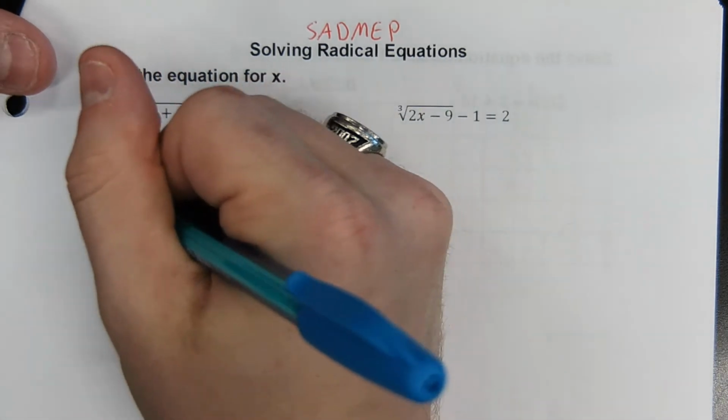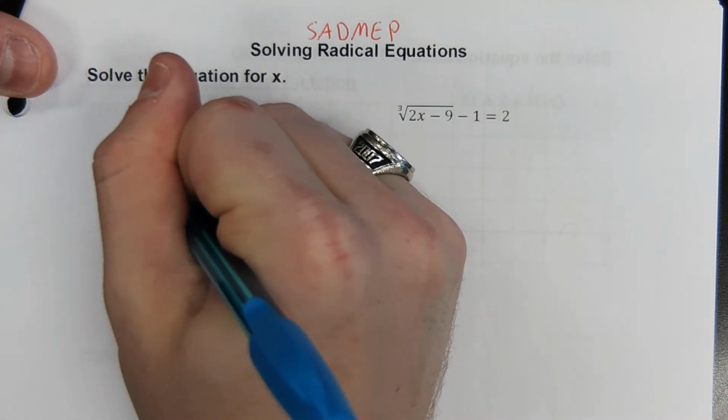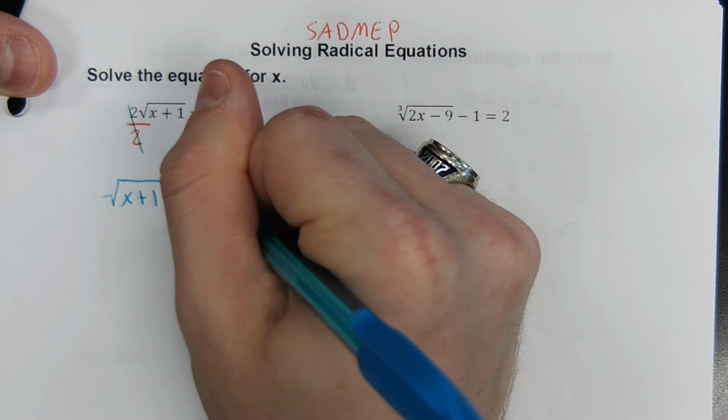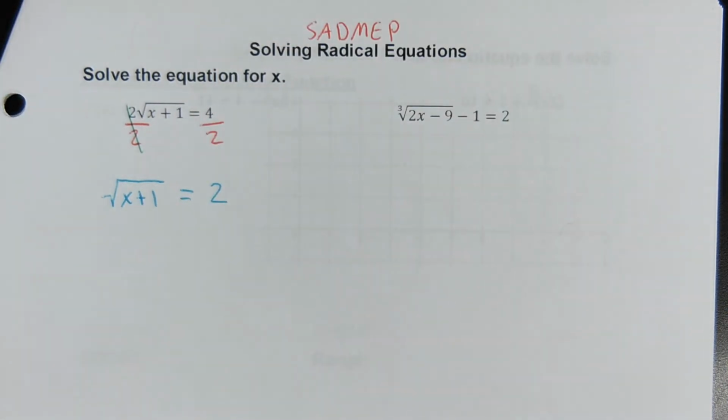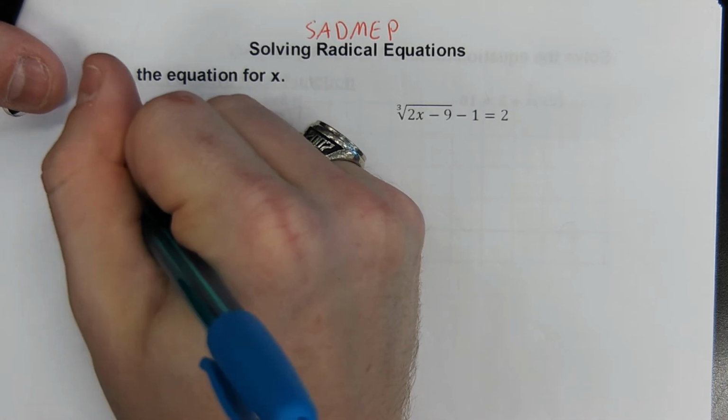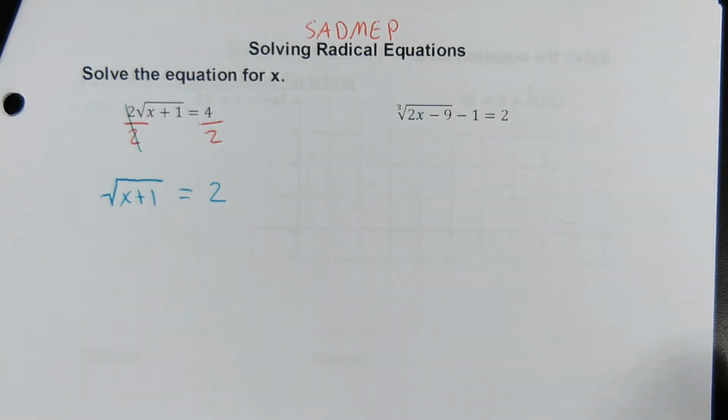That leaves me with the square root of x plus 1 equals 2. We're trying to peel the onion. How do I cancel a square root?